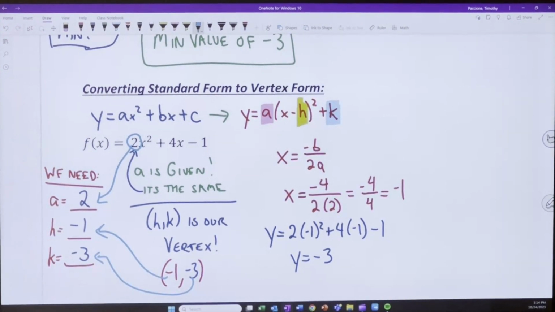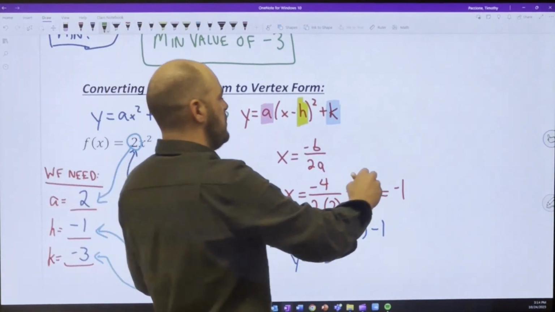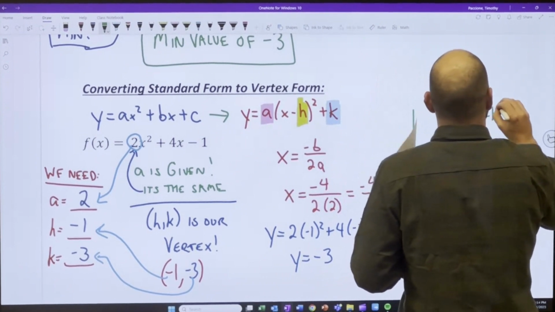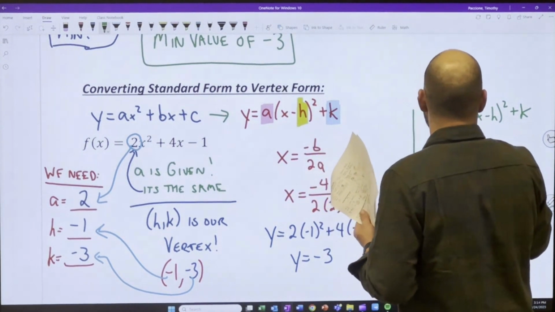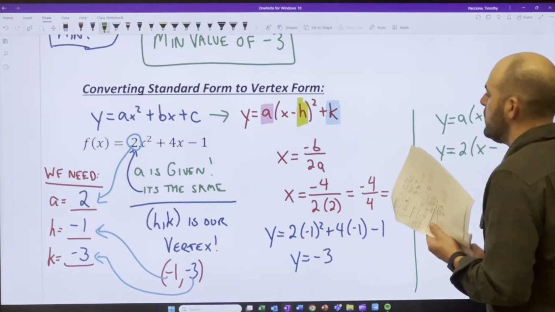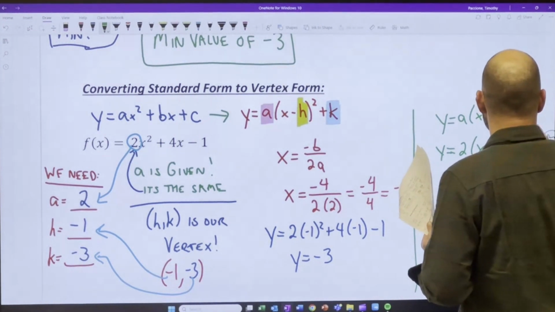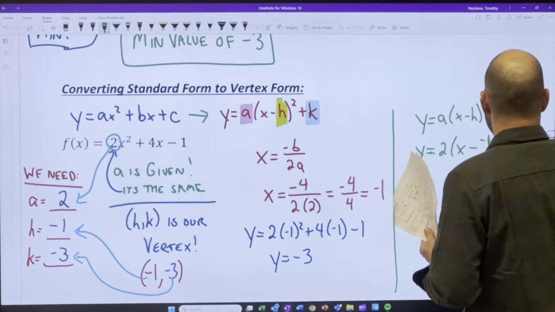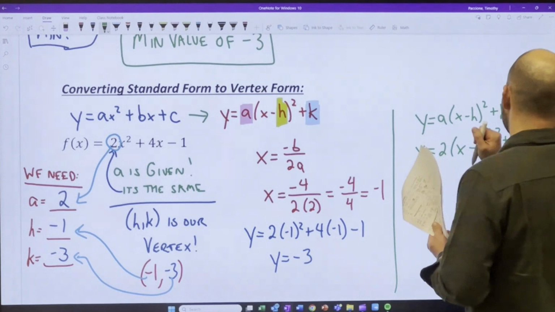Okay? Now I just plug them into that equation, this vertex form, right? Y equals a times x minus h squared plus k. Well, my a was what? 2. And then I do x minus, what's my h? -1 squared. And then plus, what's my k? Do we have to write minus negative, or are we going to do plus 1?